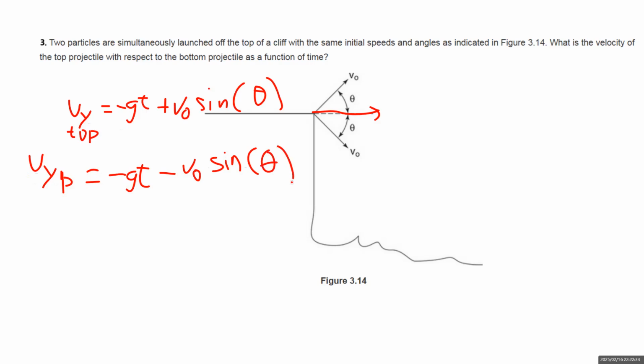Now if we take the difference of these things, minus gt here, minus minus gt, that cancels out, 0. Negative negative here, v naught sine theta, negative negative, this is going to be 2 v naught sine theta. That is going to be the difference in velocities between these two if they are modeled as projectiles.